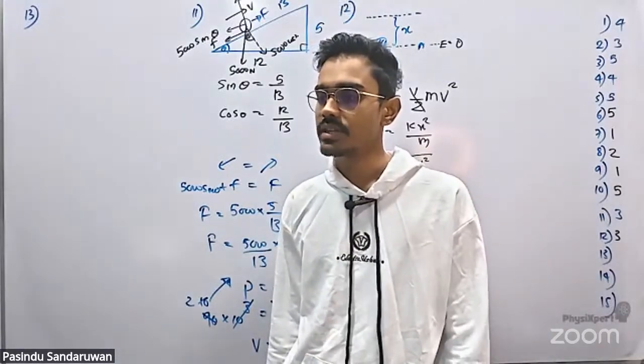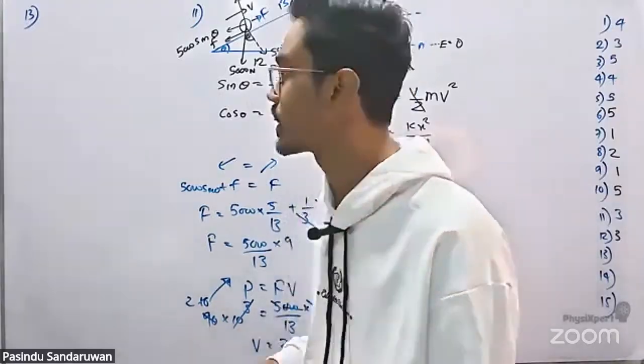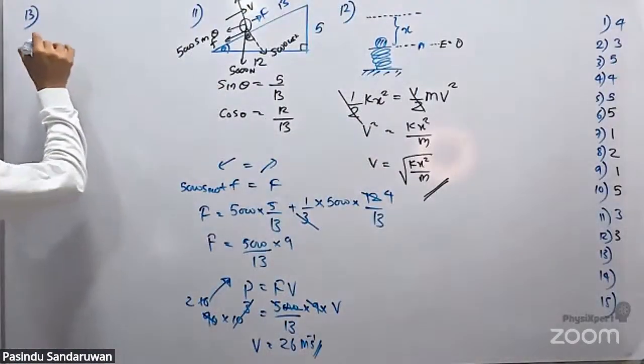If the density of water is 1000, the density of wood is. Okay, so it is like this.